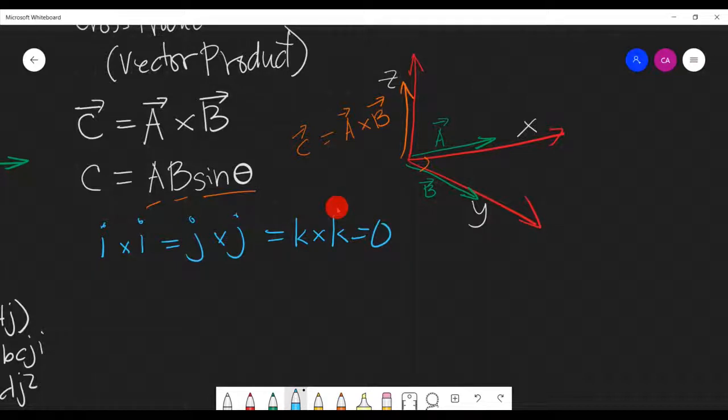Okay, tatandaan natin yan. Then also, i cross multiply with j equals k, j cross multiply with k is equal to i, and k cross multiply with i is equal to j.